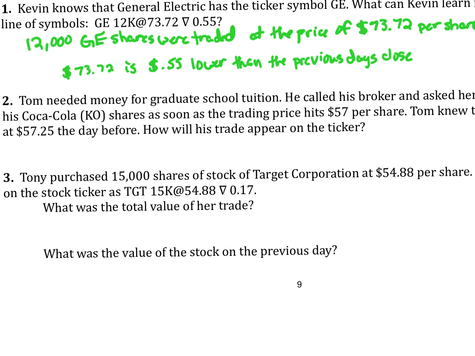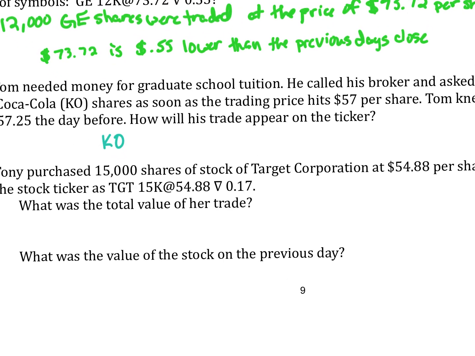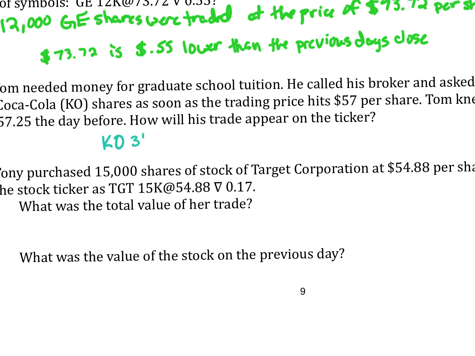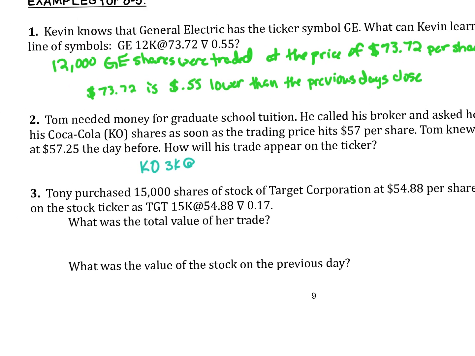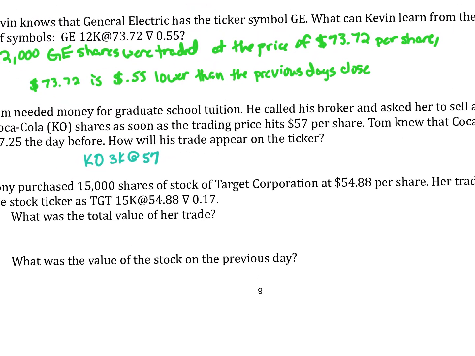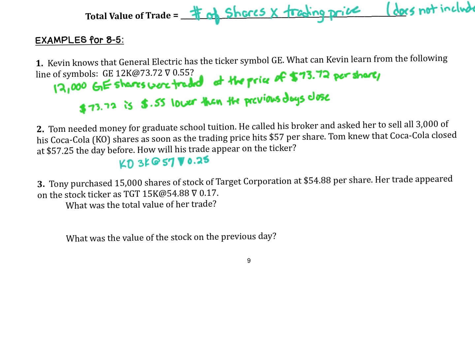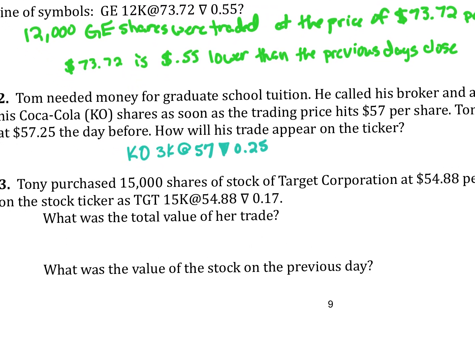Okay, so Coca-Cola is KO, and he wants to trade how many? 3,000, so 3K, at, and he wants to sell at 57, which was down 25 cents. So that's what the ticker would look like, right?